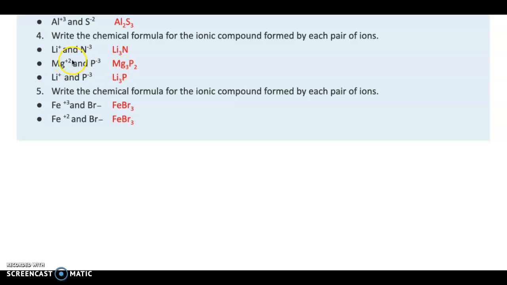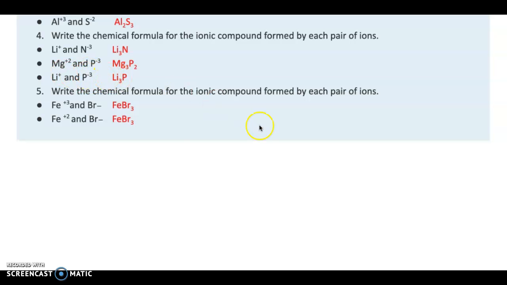Again, criss-cross, and magnesium gets 3 from phosphorus, and phosphorus gets 2 from magnesium. Lithium and phosphorus. Lithium has 1, therefore there's 1 for phosphorus, and phosphorus has charge -3, therefore lithium gets 3 from phosphorus.